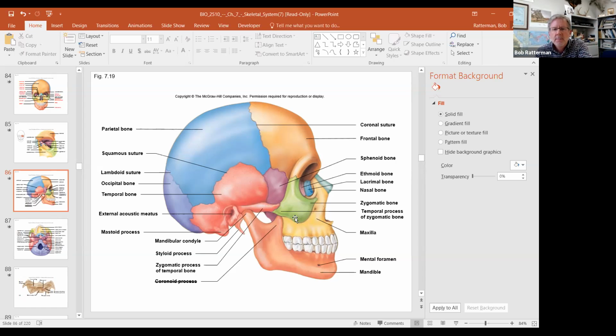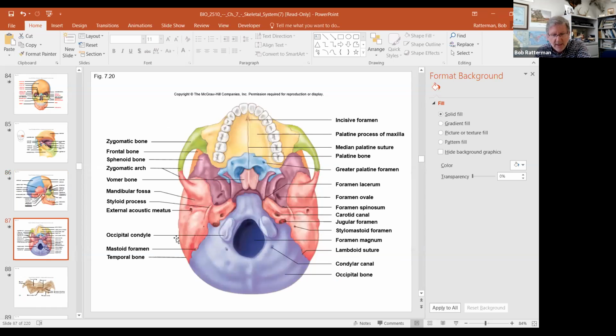And then we also looked quite a bit, didn't we, at this inferior view of the skull. This is looking from below up now. So we can see the foramen magnum here at the bottom, where the brainstem extends downward toward you and eventually forms the spinal cord.